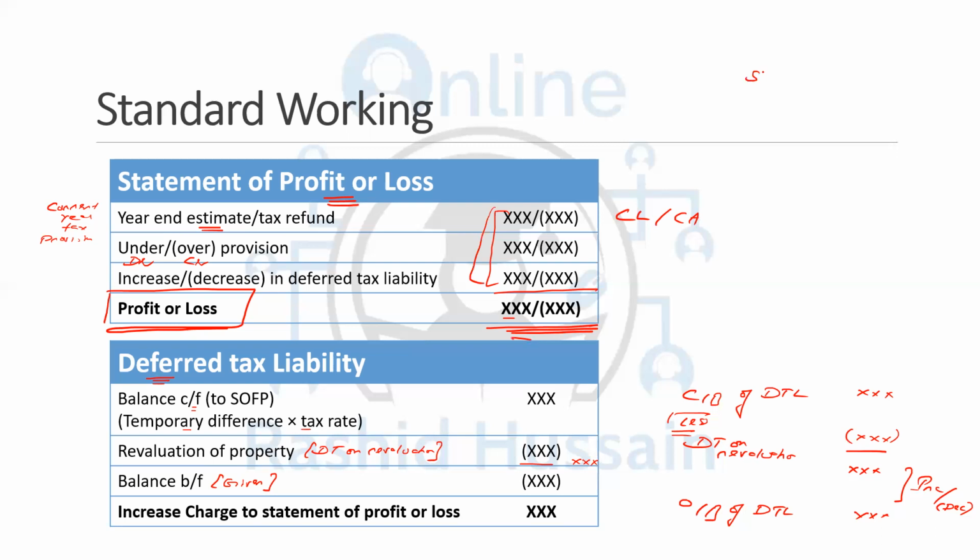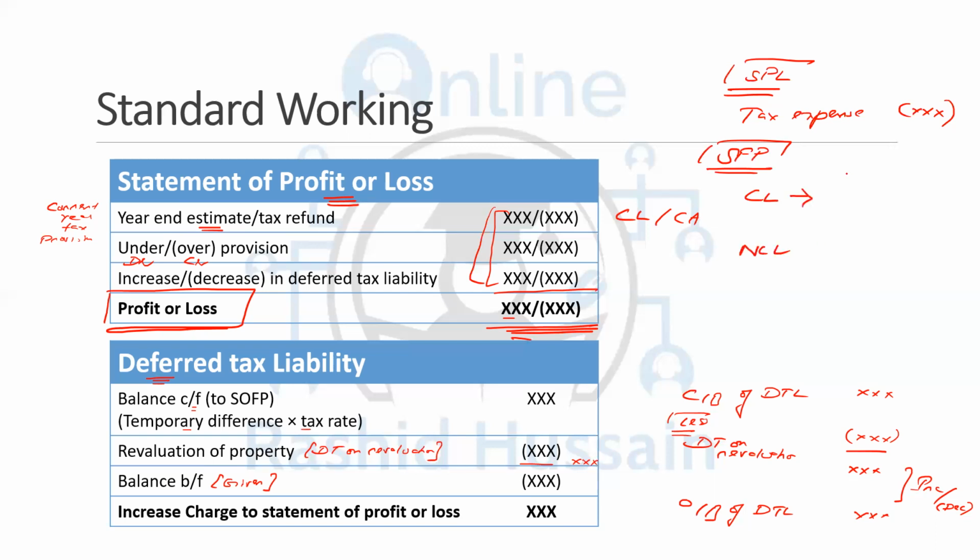So in the statement of profit or loss, you are going to take the tax expense. And that tax expense is deducted because expenses are always deducted in the statement of profit or loss. In the statement of financial position, we have two things. We have the current liability and the non-current liability.